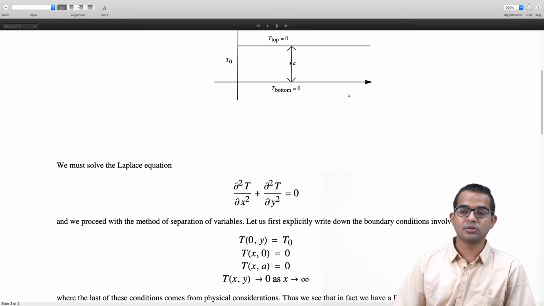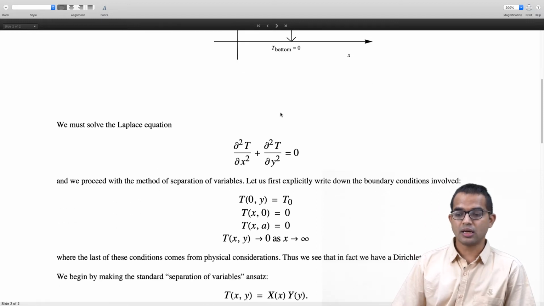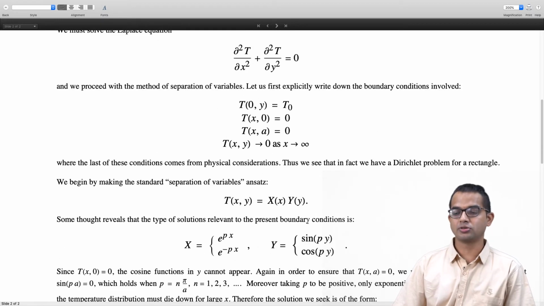So it's appropriate to choose sine of py and cosine of py for the function Y, and X is going to be exponentials.